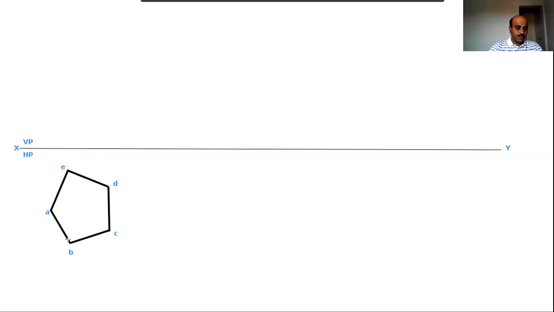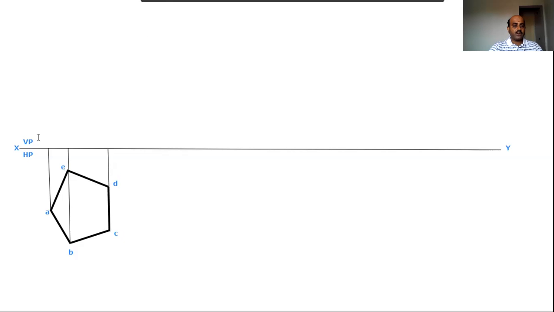As I told you, if you have drawn correctly, these vertical projectors meet the XY line. Okay. So as usual, AB is visible, BC is visible, C and D coincide with C, and E coincides with D.